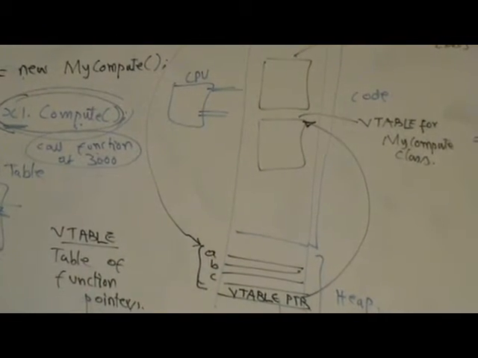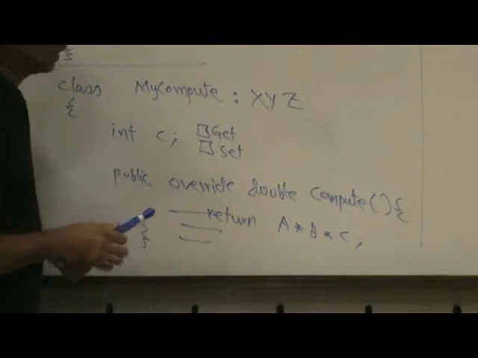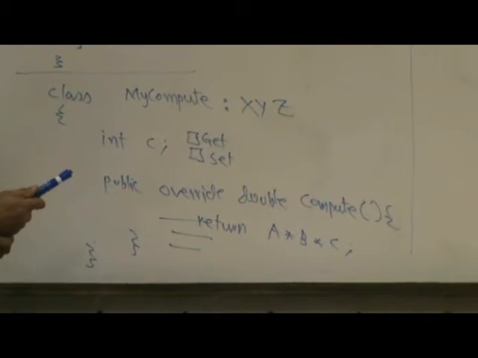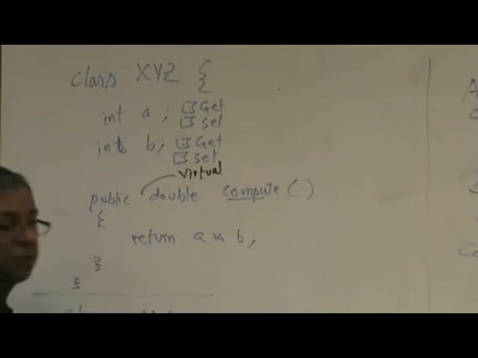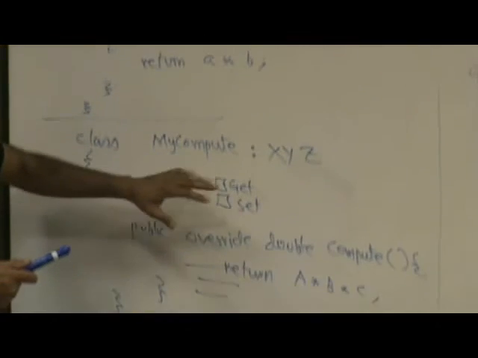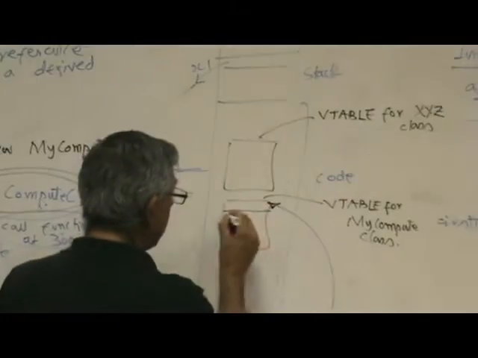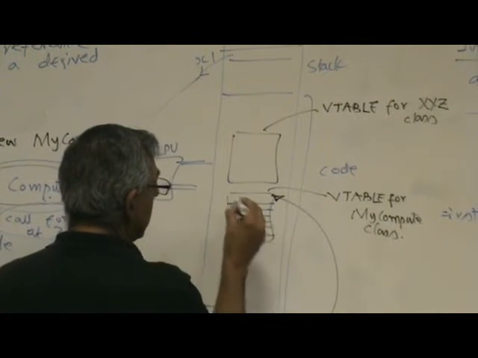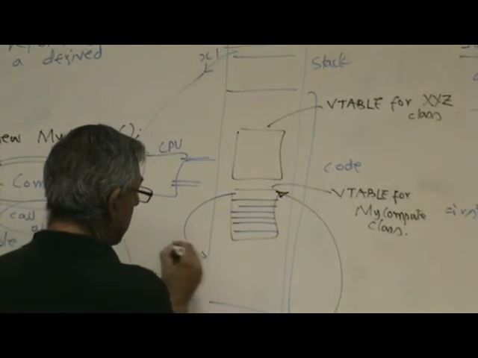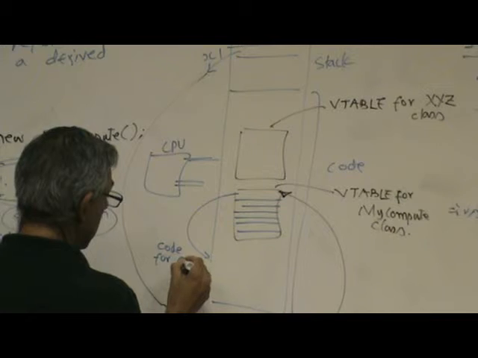Okay. Now, what does vtable itself contain? So let's go to my compute. How many functions do we have in the my compute class total? Okay, remember these get and set are also functions. So as you can see, 2, 2, 4 we inherited, 2 we added, 6 and 1, 7. So there will be basically 7 entries over here. Okay, the first entry will be the code for, let's say, get 8.